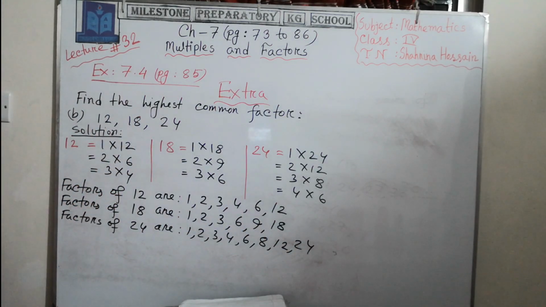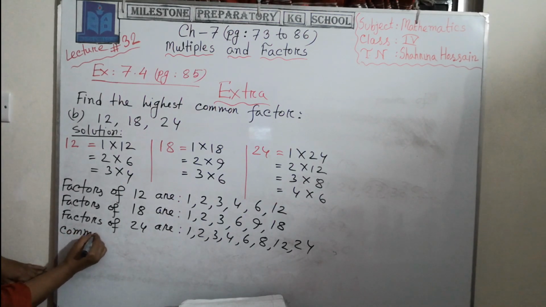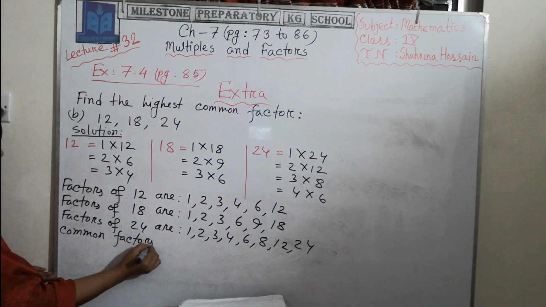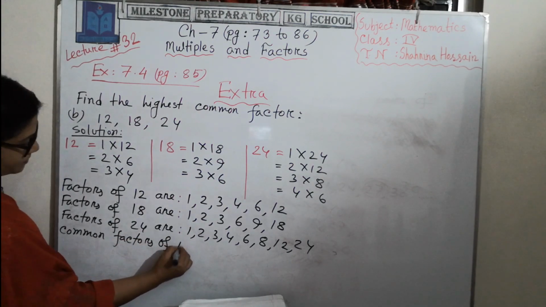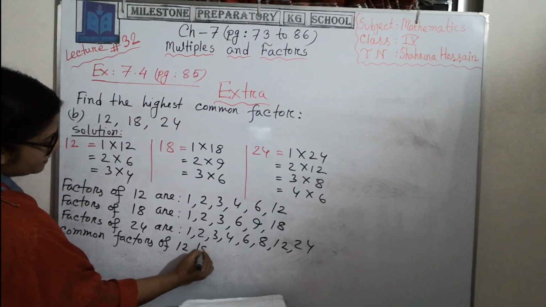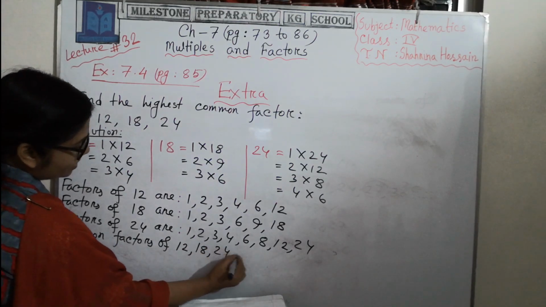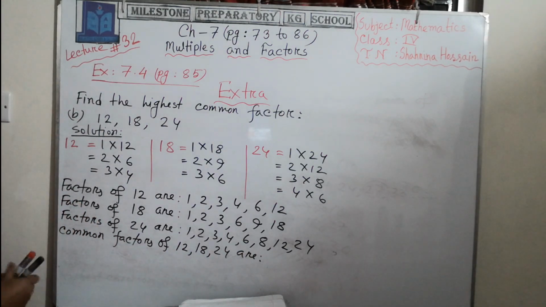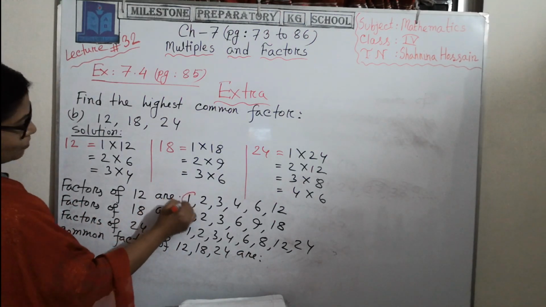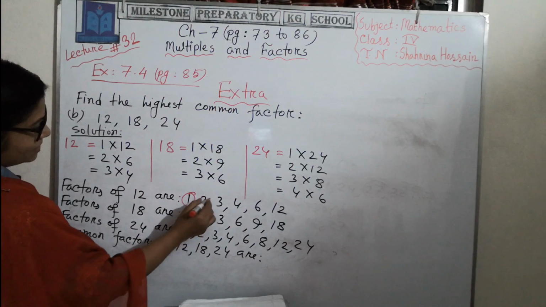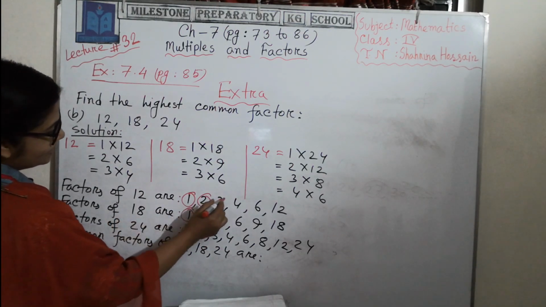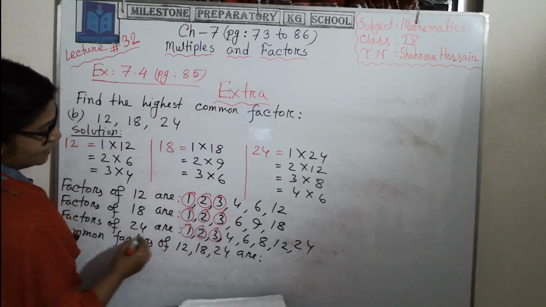So who are the common? Common factors of 12, 18, 24 are, what the common? 1, 1 and 1, okay, 2, 2, 2. Then I got 3, 3 and 3.